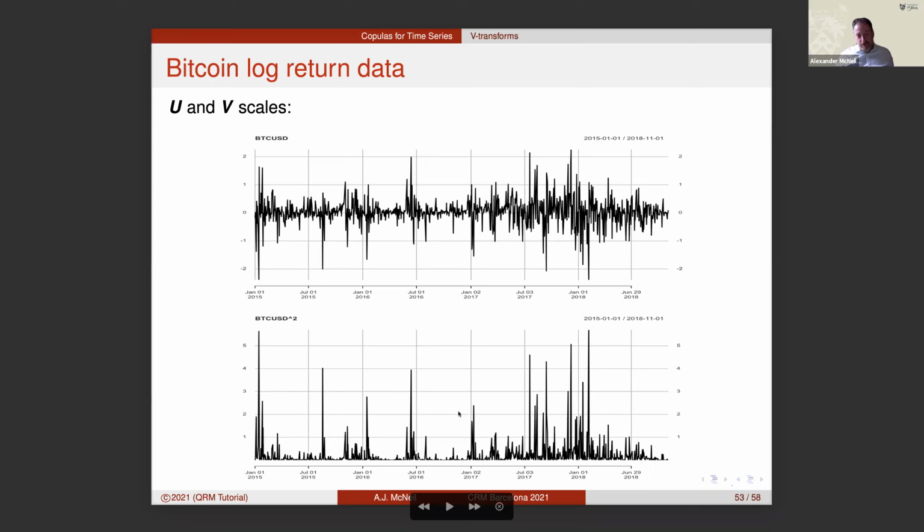And if I did the autocorrelation function of the squared data or the absolute data, I would find serial correlation. So the V scale is the scale under a transformation that reveals volatility. A transformation like the absolute or squared value is a volatility revealing transformation, because then you find in the autocorrelation function the evidence of serial correlation. Now, one other thing that one can do, suppose I do the following.